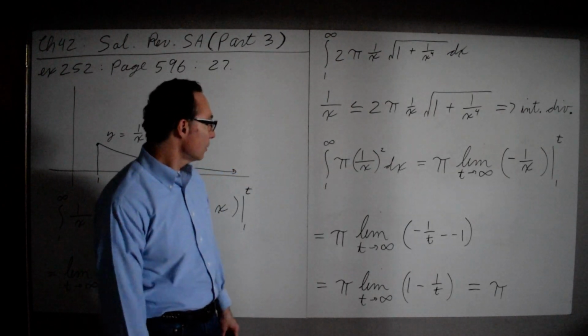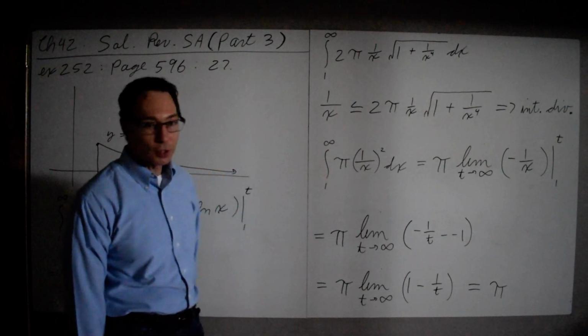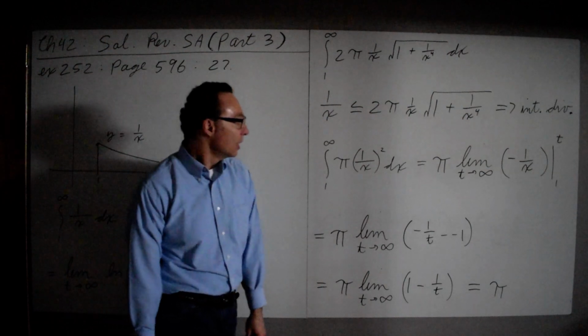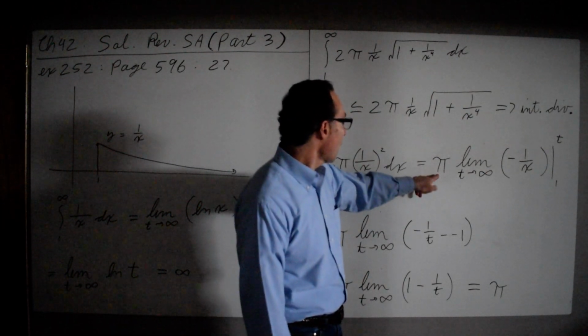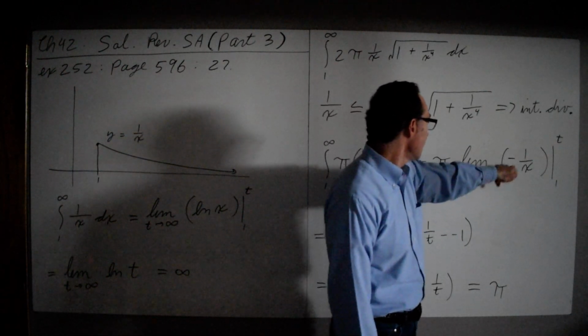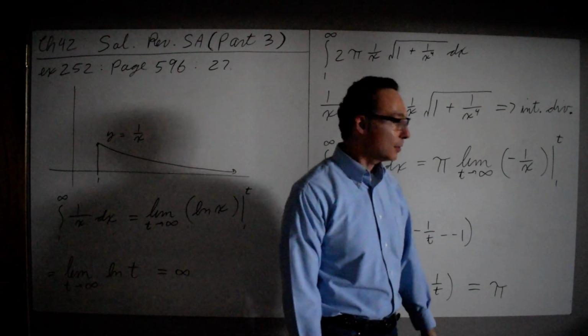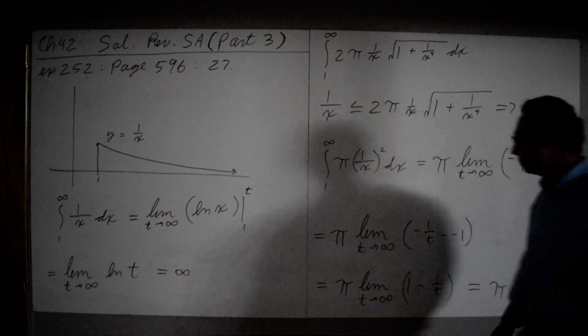So again, this is a limit as t tends to infinity of the integral from 1 to t of this function. To save time and to save space, I've just taken a shortcut here. So we have pi times the limit as t tends to infinity, antiderivative, negative 1 divided by x, evaluated at 1 and evaluated at t.